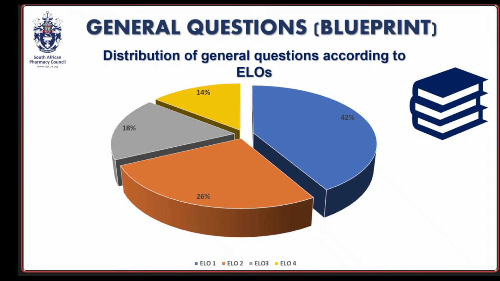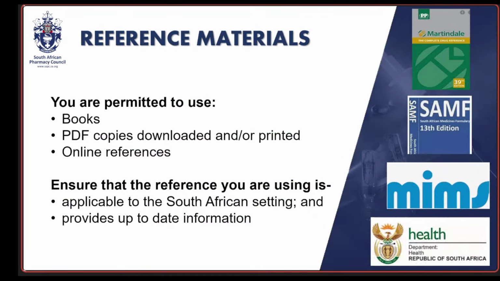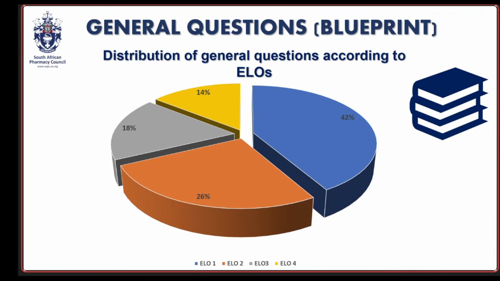So the majority of the questions then, if you have a quick recap, exit level one is about the knowledge of your scientific principles, your basic knowledge there of your scope of practice, your legislation that you have to apply to the questions.